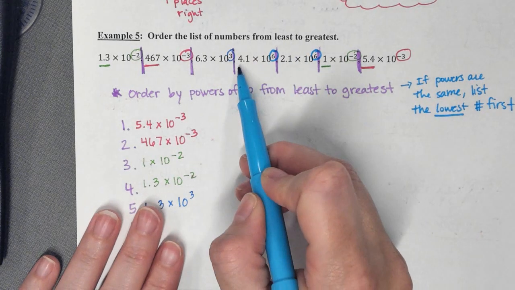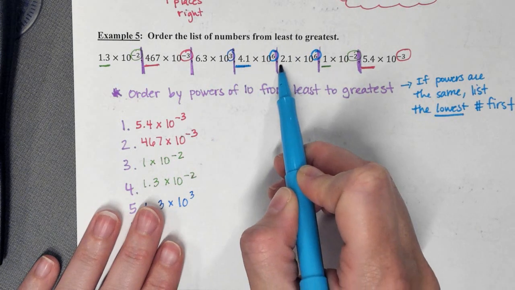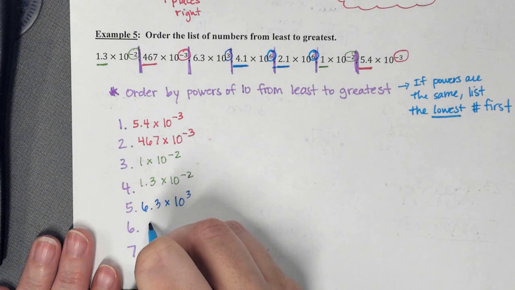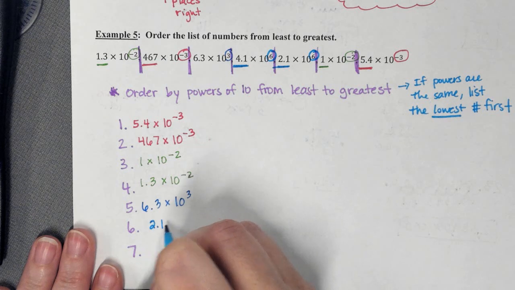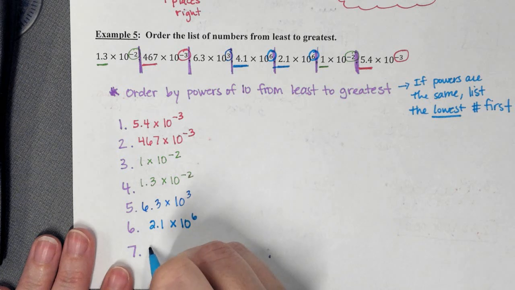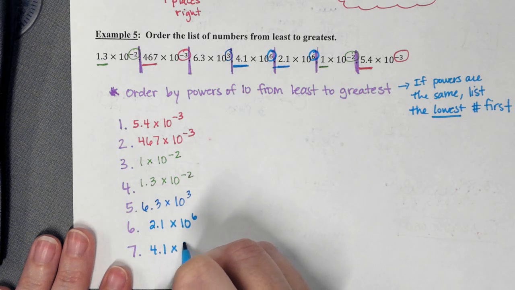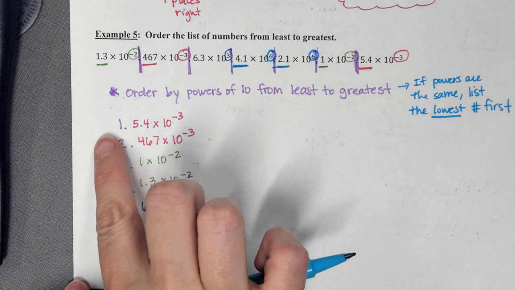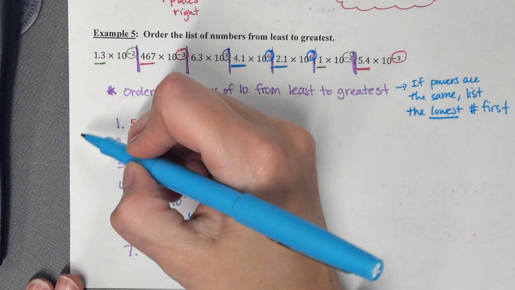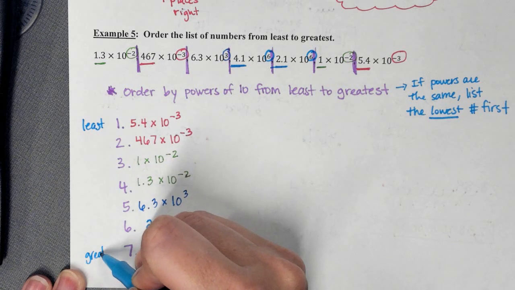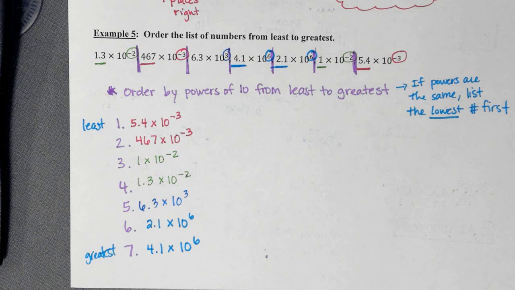So that's why you can see I'm underlining this. So it's 4.1 and 2.1. Which one's going to go first? Yep, so this is the smallest, this one is the largest. So this one is the least, this one is the greatest.